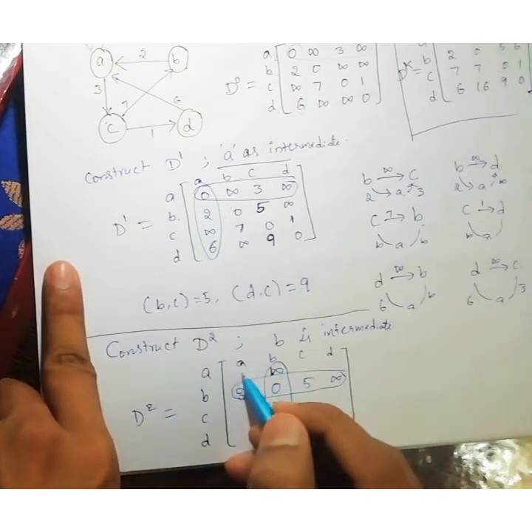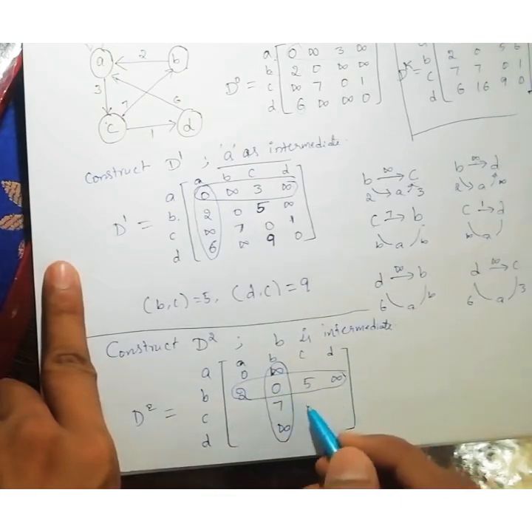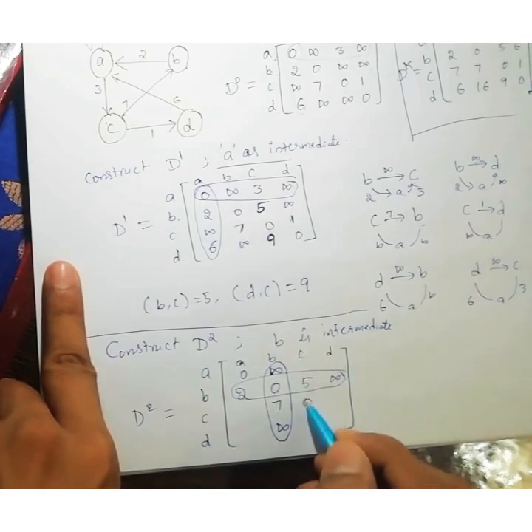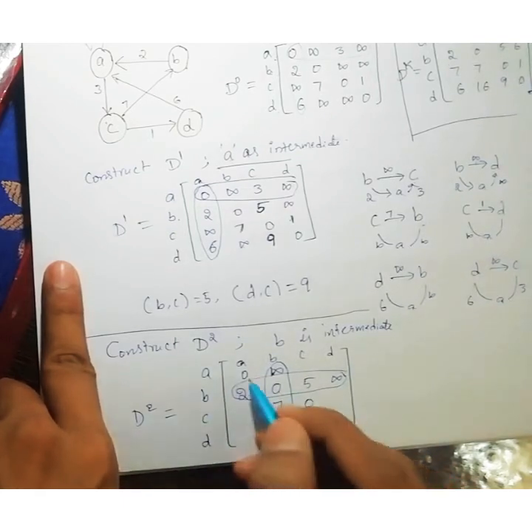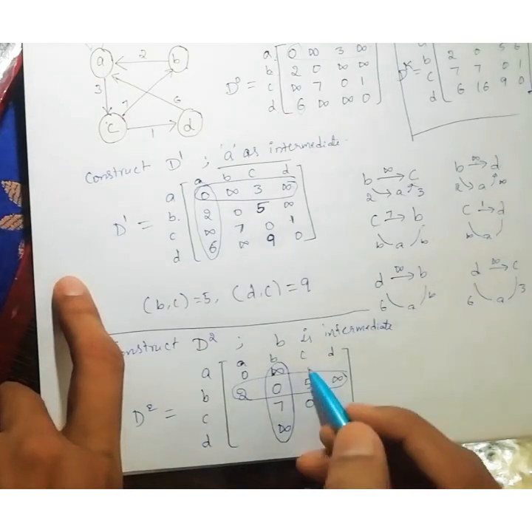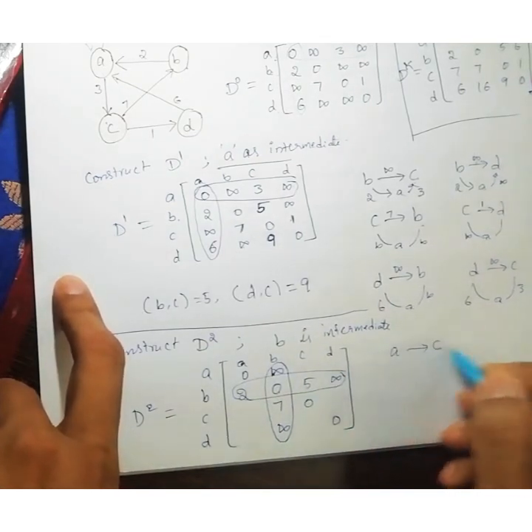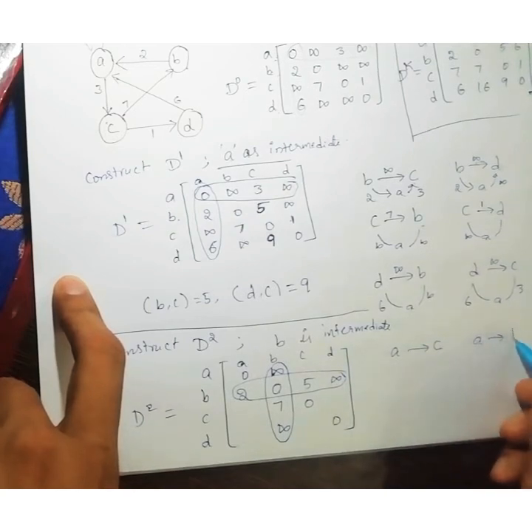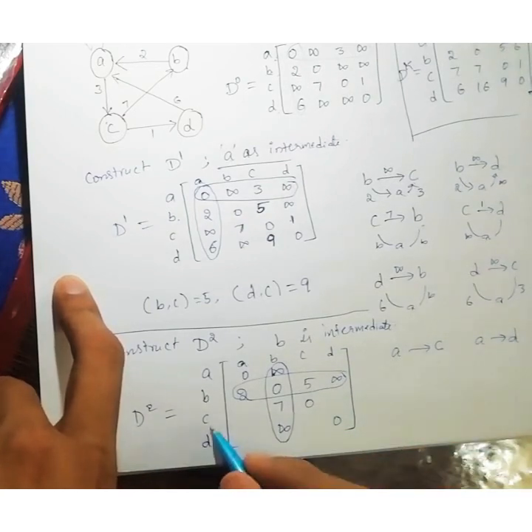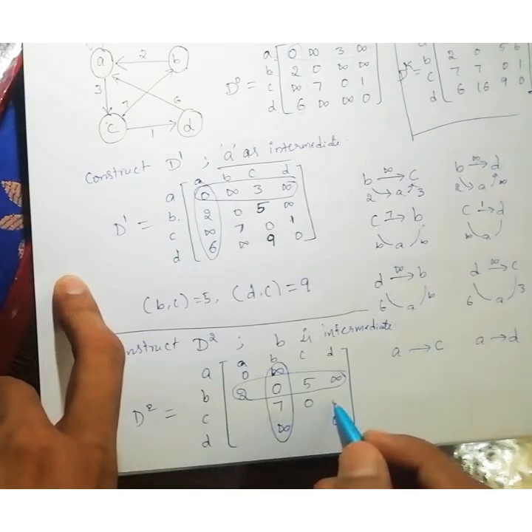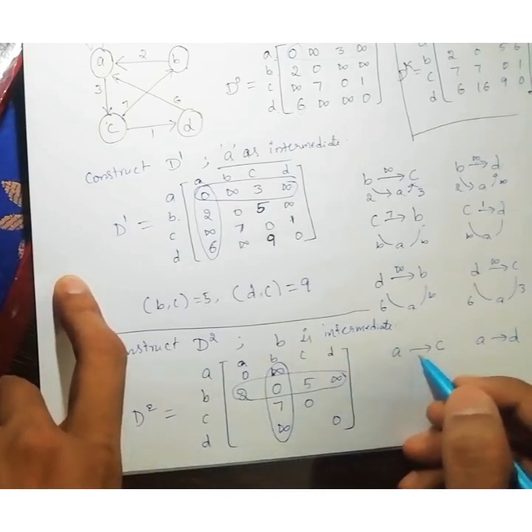Next, we don't have self loop, so the value of AA 0, BB 0, CC 0, DD 0, diagonal elements are 0. Now we have to find A to C, A to D. Next we have to find C to A, C to D, D to A, D to C. So now what will happen for A to C?